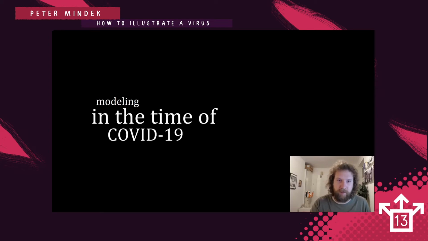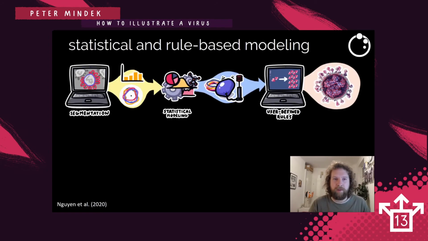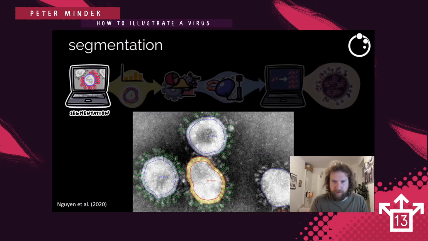And so that's why my colleagues from KAUST came up with this pipeline of creating these molecular models with a statistical and rule-based system. I will guide you through this pipeline very quickly to give you an idea how this works. It starts with a segmentation step. We start with a microscopic picture of the virus that we want to model.